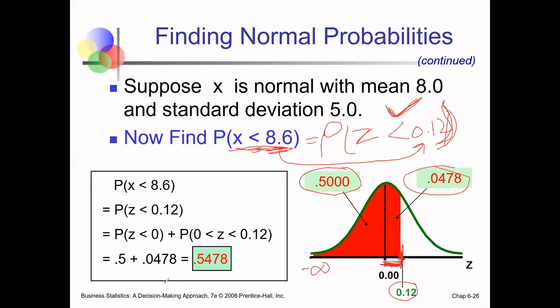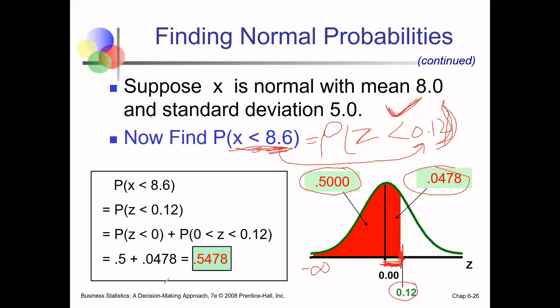How can you find the answer? Just add both of the areas and you will get the overall answer. Because the shaded area is the required area, we have two different areas: one is half area, 0.5, and the other we saw in the last slide, where looking up 0.12 in the table gave 0.0478.